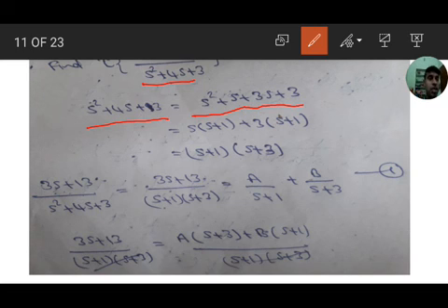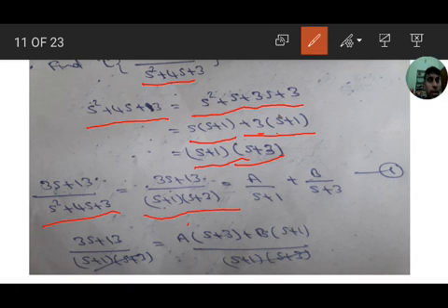Taking s common in the first two terms, s into (s plus 1), and 3 common, 3 into (s plus 1). Therefore (s plus 1) is common in both terms, we get (s plus 3) into (s plus 1). Therefore (3s plus 13) by (s square plus 4s plus 3) equal to (3s plus 13) by (s plus 1) into (s plus 3). Therefore here the factors are linear factors.